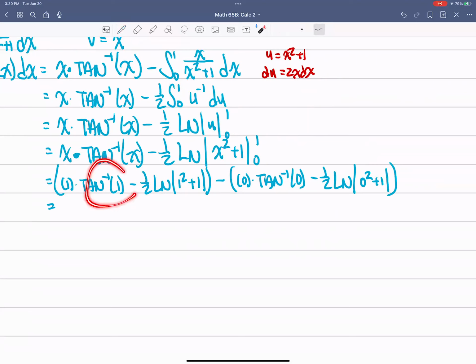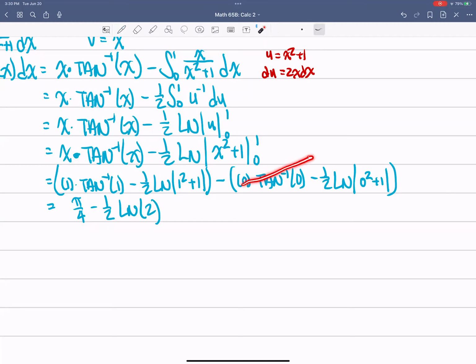And tangent inverse of 1. Where are sine and cosine both equal? On its interval, it's just going to be pi over 4. And we have a negative 1 over 2, 1 squared plus 1 is 2, so we have 1 over 2 ln of 2.